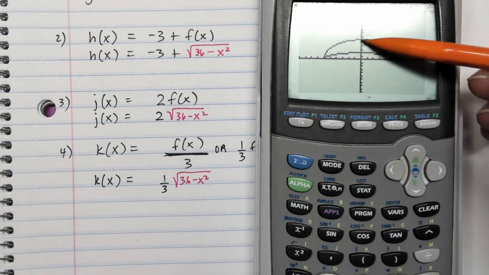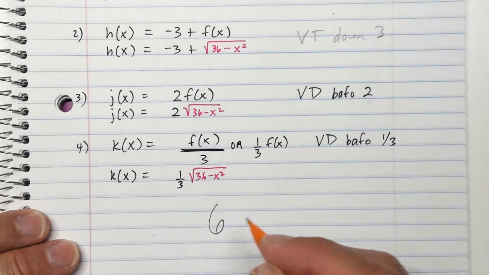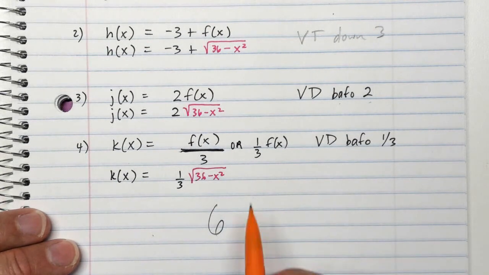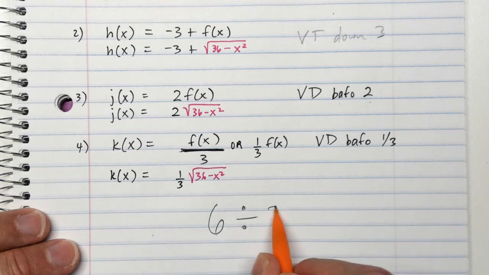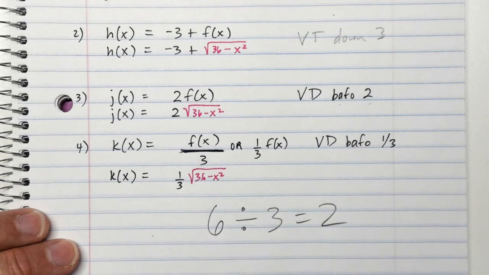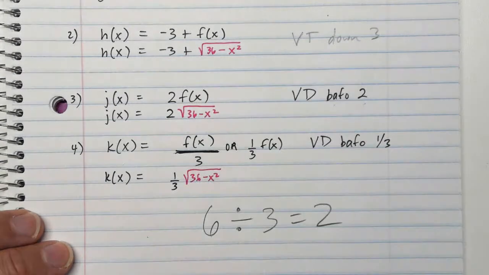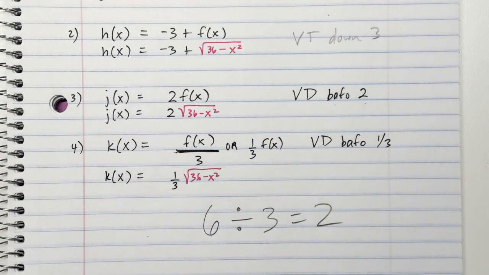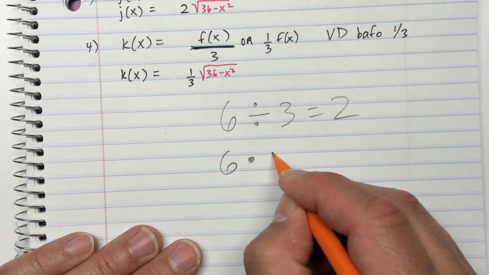How do you get from a 6 to a 2? Mathematically, and we're talking dilations, there are 2 ways. You could divide by 3 to get to 2. That's a 6, that's a 2. You could say it divided by 3, and you would not be wrong. You could also say it multiplied by 1/3.